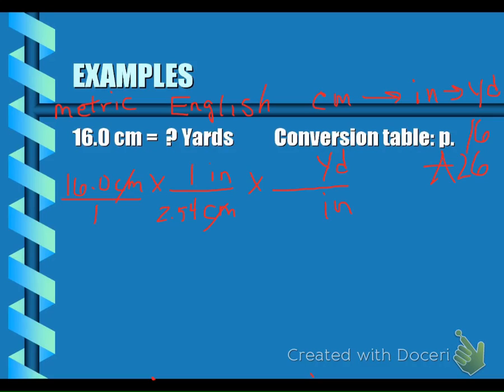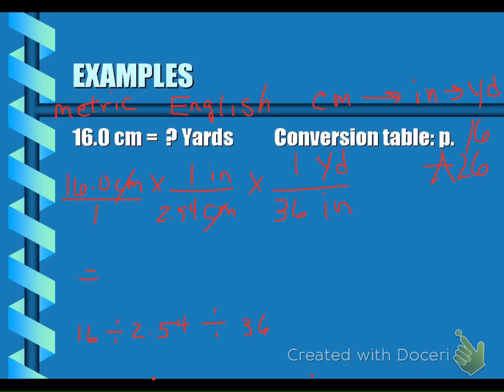So I have to put those with the appropriate unit. Now, I want to get rid of inches, and therefore I put inches in the denominator and yards. And we all know that 36 inches equal 1 yard. So we write our equality as such.